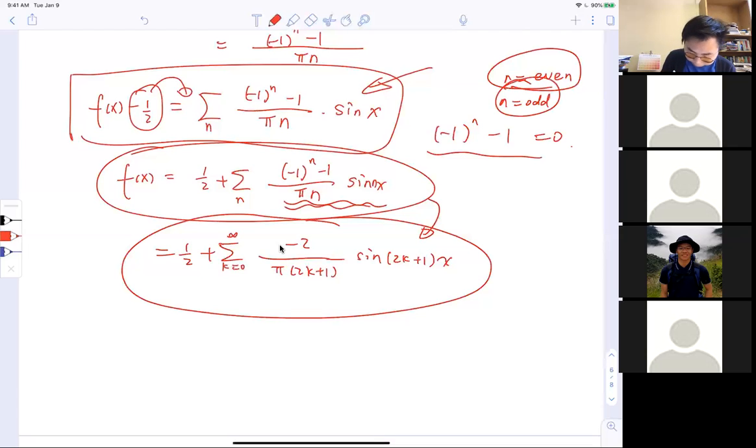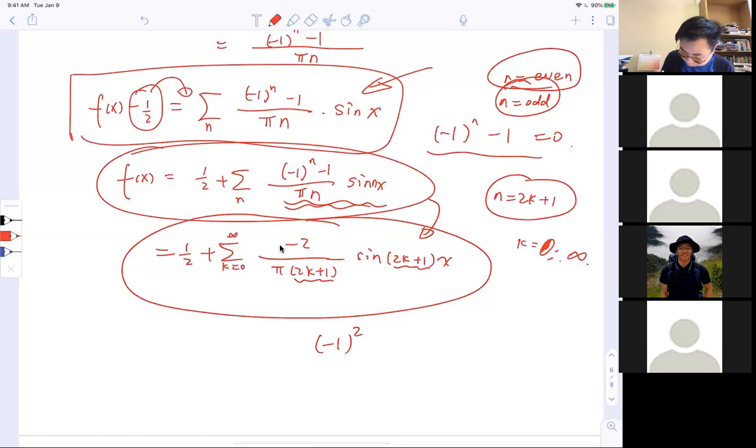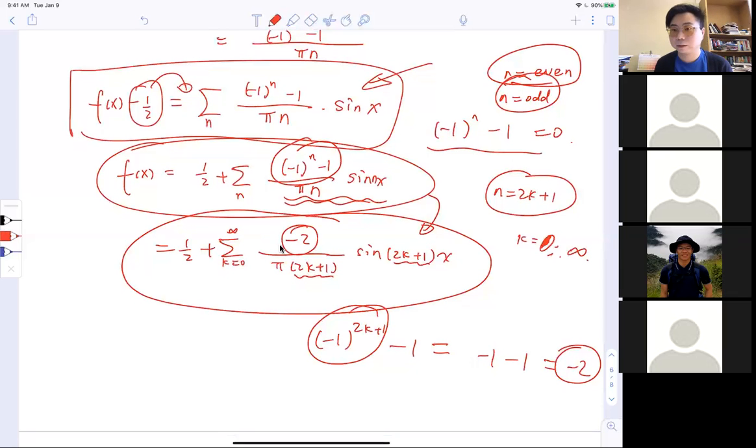So here I assume n equals 2k plus 1, and k from 0 to infinity. I plug this n equal to 2k plus 1, and here becomes 2k plus 1, and the (-1)^n minus 1 becomes (-1)^(2k+1) minus 1. This guy is -1, which is -2. So I replace this guy with -2.